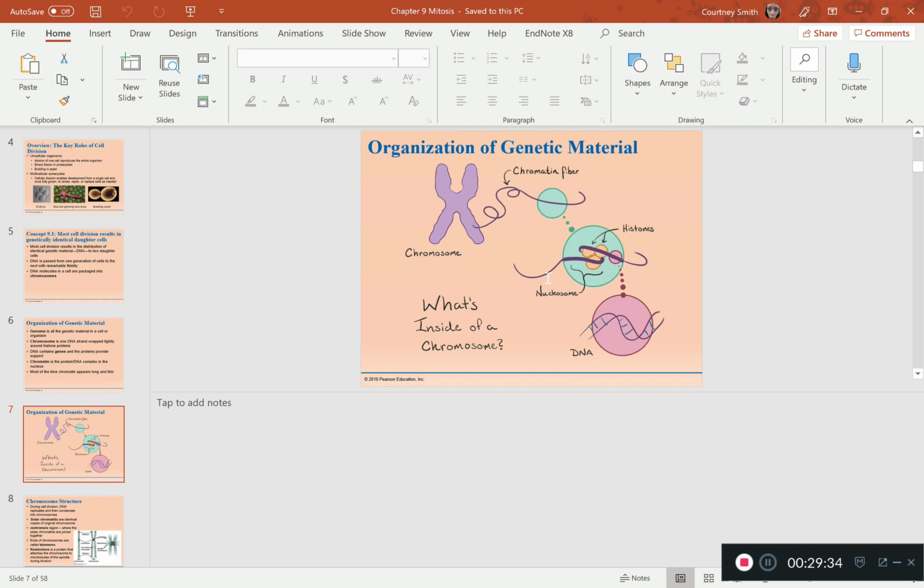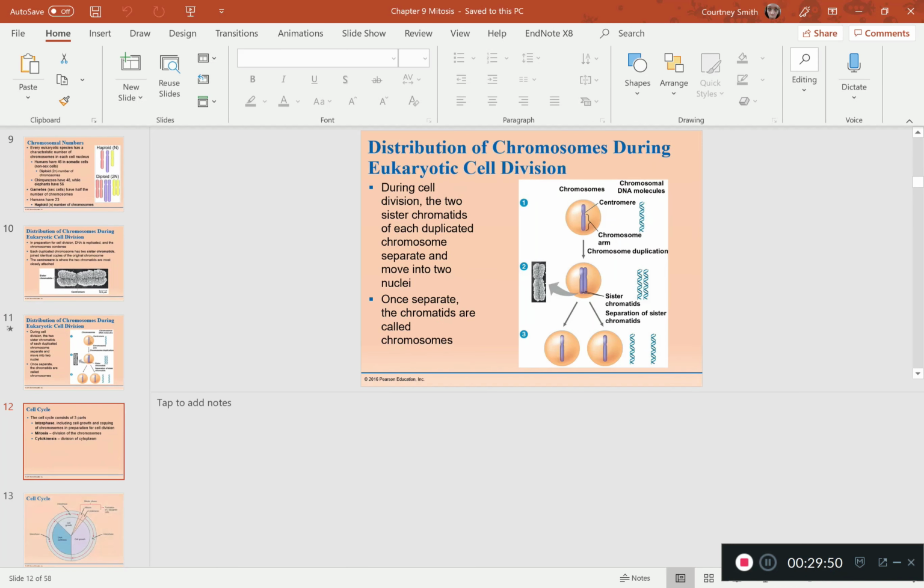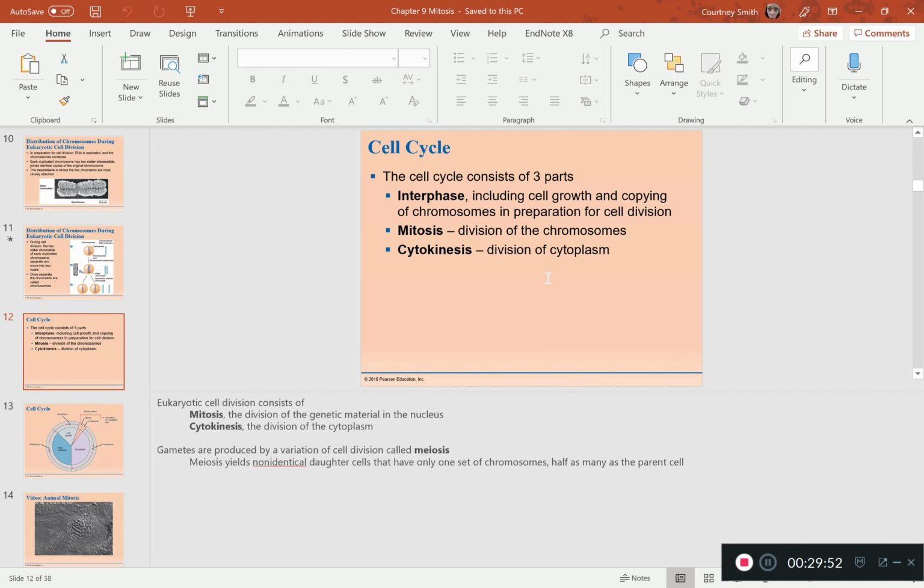Okay, so with that it says, make a chart of the phases of interphase, mitosis, and cytokinesis. So let's actually just talk about those three parts of the cell cycle individually real quick. So let me find that slide right here. So it talked about interphase.